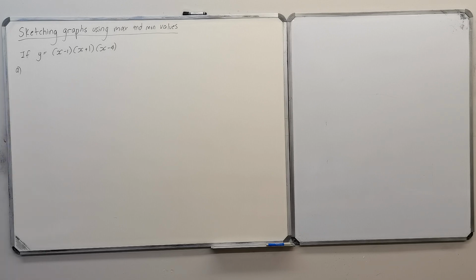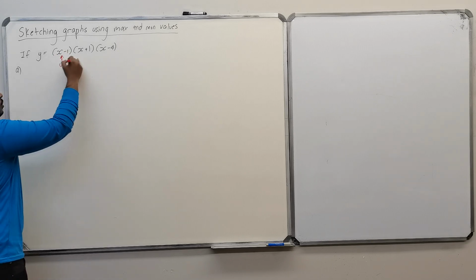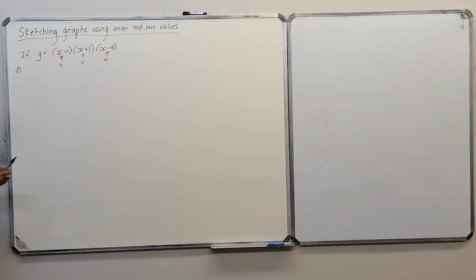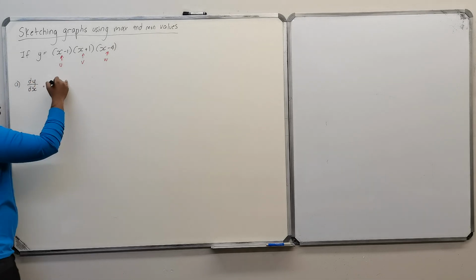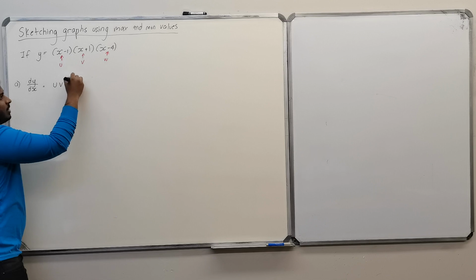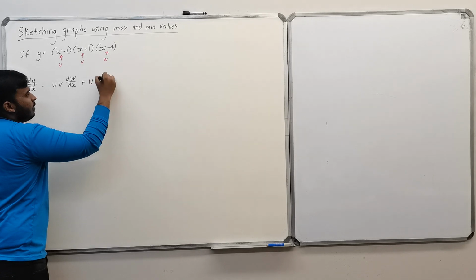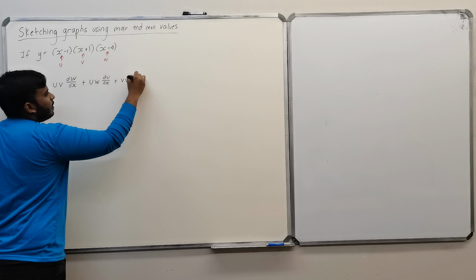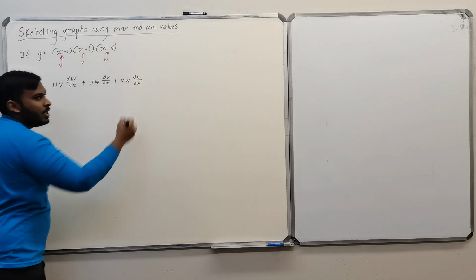Now this is the product rule for 3 factors. Remember, we'll call this one here u, this one here v, this one here w. Your product rule states that dy over dx is equal to u times v times dw over dx plus u times w times dv over dx plus v times w times du over dx.